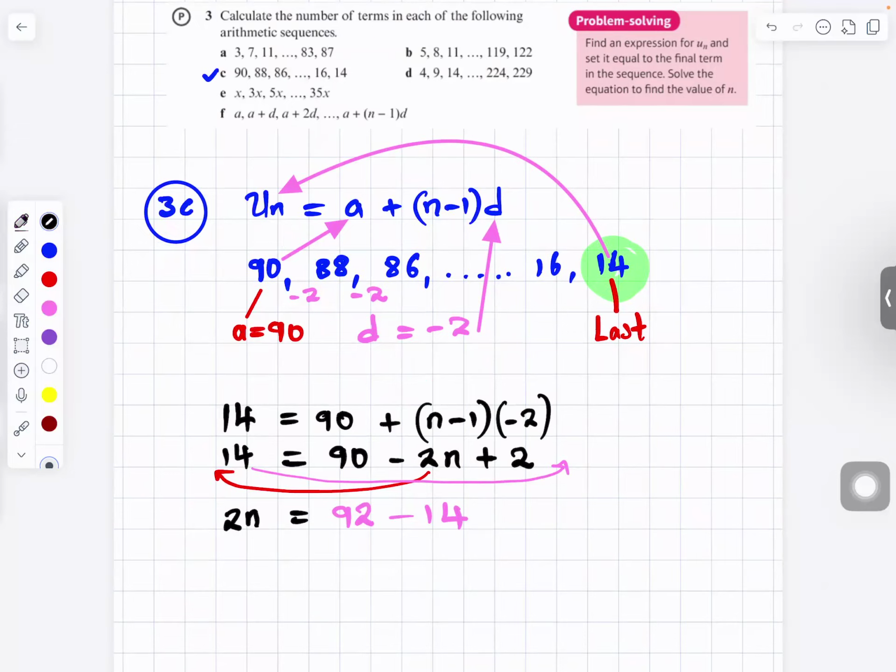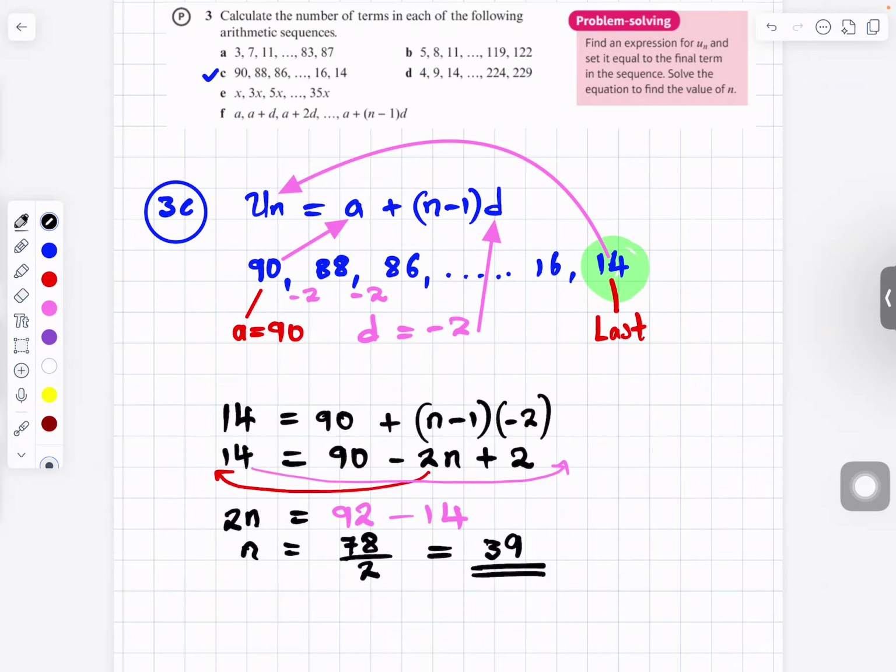So n would be 92 take away 14 divided by 2. So 92 take away 14 gives you 78, divided by 2, which gives you 39.